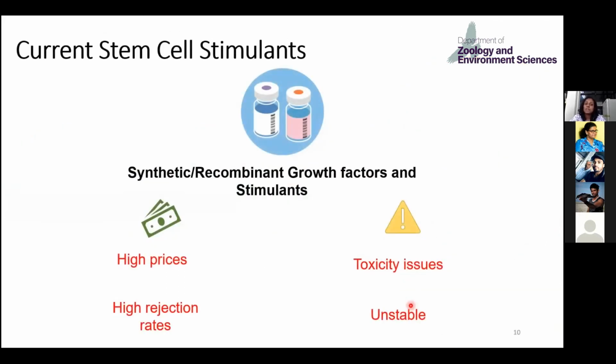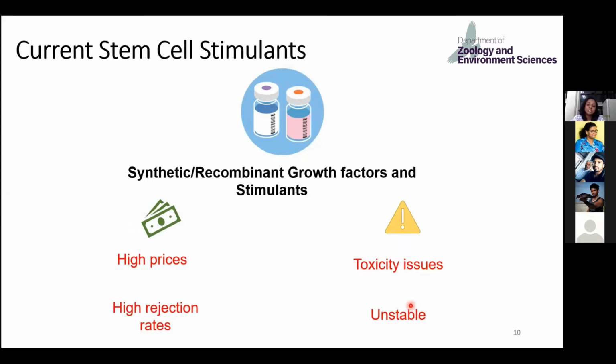So what about the current stem cell stimulants? Why do we look for novel ones? The current stem cell stimulants have disadvantages or drawbacks, such as high prices because of cutting-edge, expensive equipment usage and standardizing and so on.